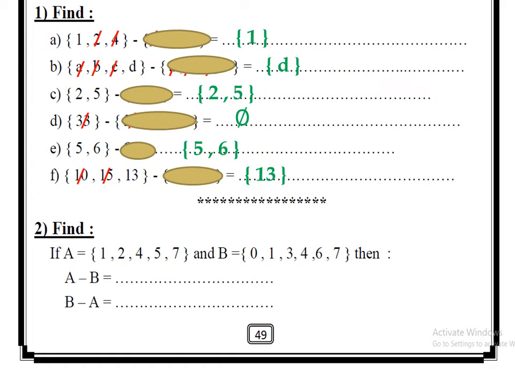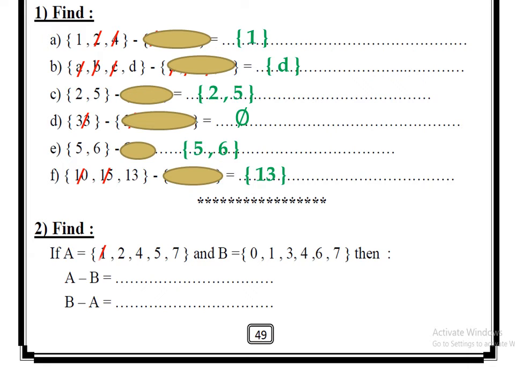Okay. Question number 2. If I have a set A having the elements 1, 2, 4, 5, 7, and B having the elements 0, 1, 3, 4, 6, 7, then they are asking A minus B and then B minus A. So A minus B first.